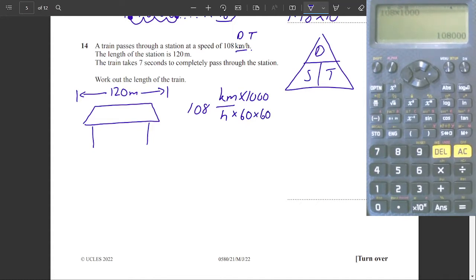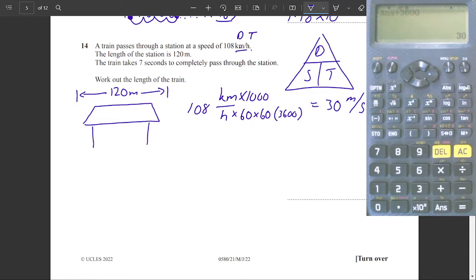So that gives us a total of 3,600 seconds in an hour. Now, you see that's divide, the hours below the line. So we divide this by 3,600 seconds, and bam, we change it. 108 kilometers per hour is 30 meters per second. That is how fast the train is traveling.